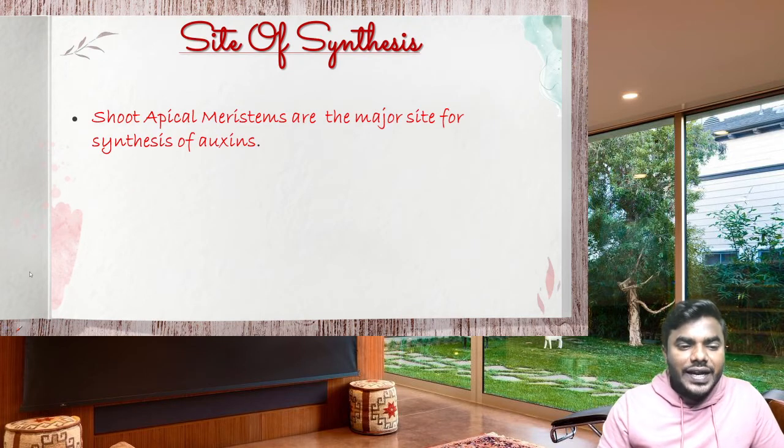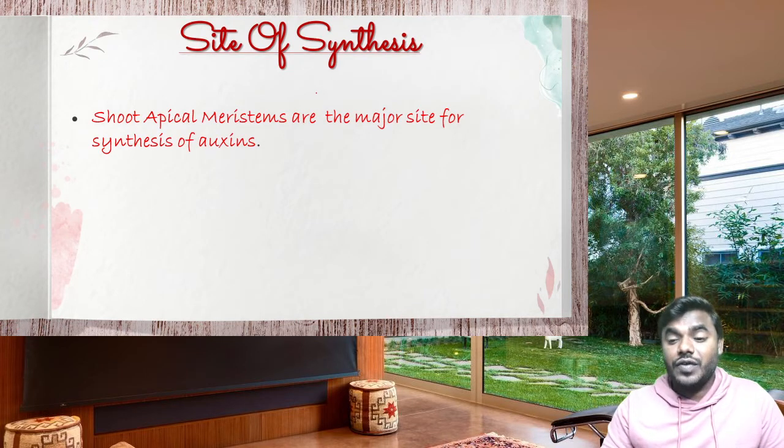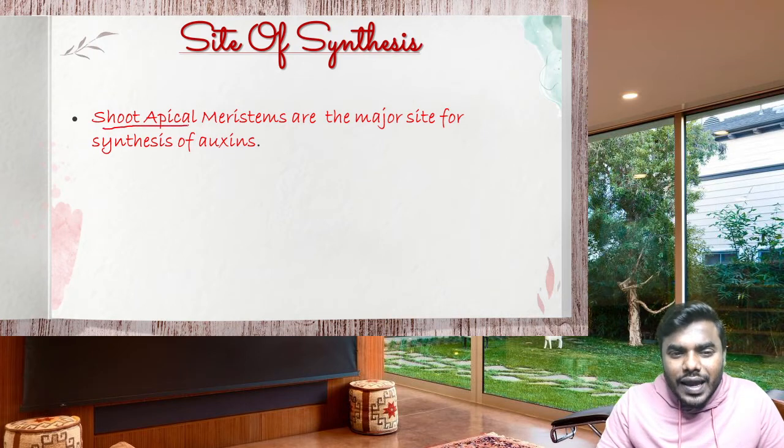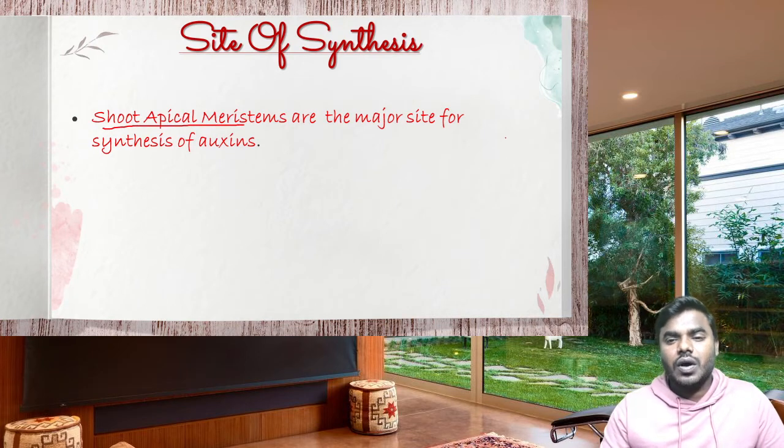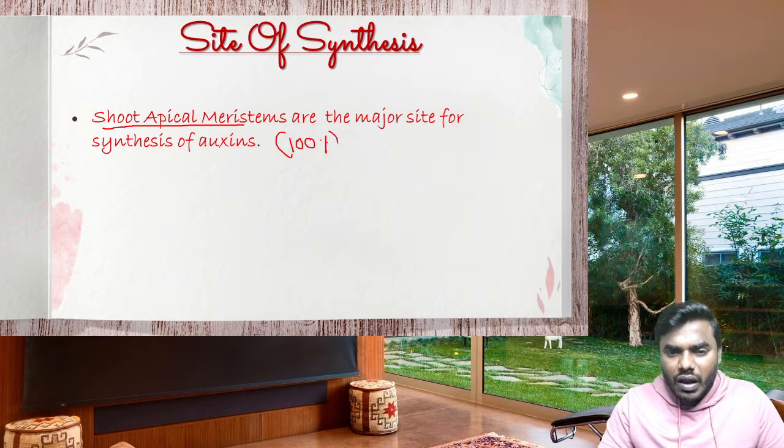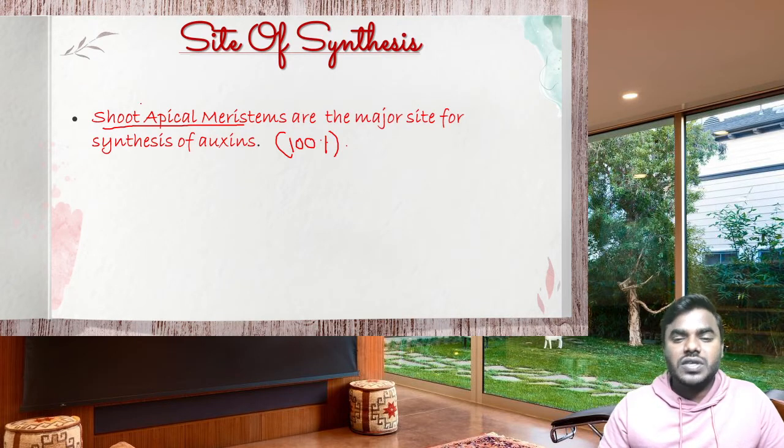Now, site of synthesis. Everyone pay attention. Shoot apical meristems are the major site of synthesis of auxin. I can say 100% auxin can be biosynthesized at the shoot apical meristem.